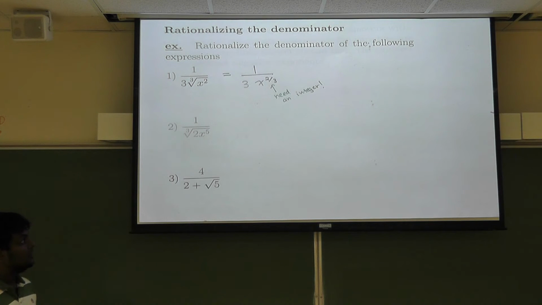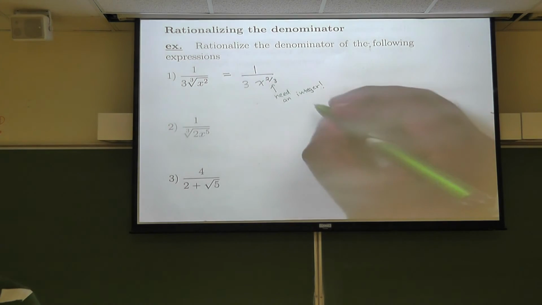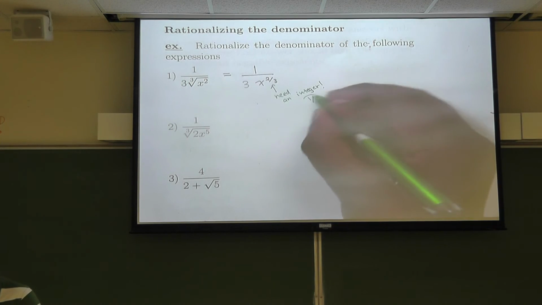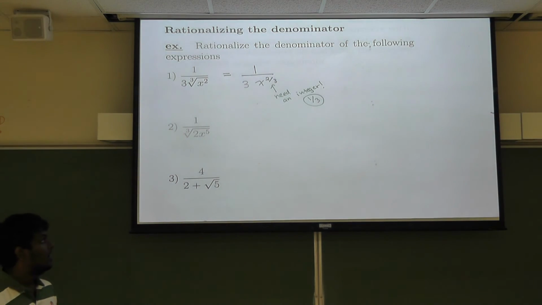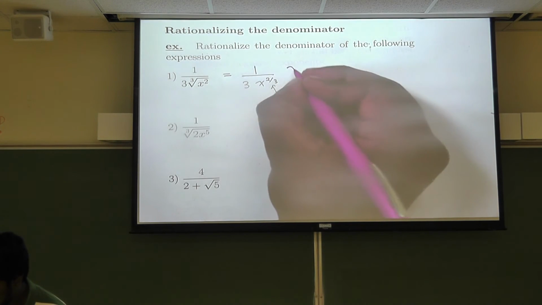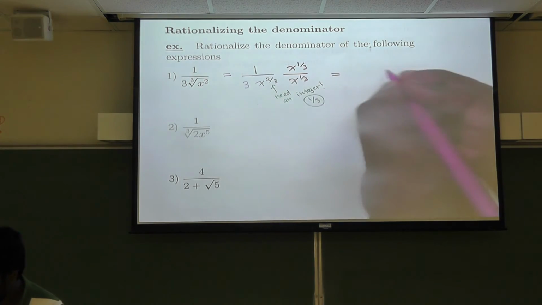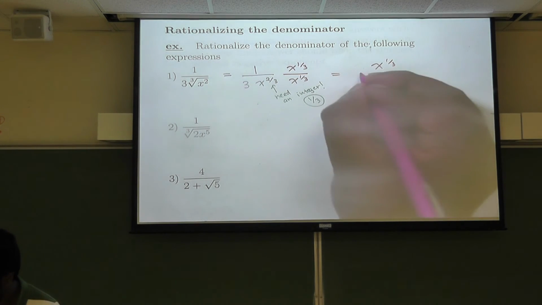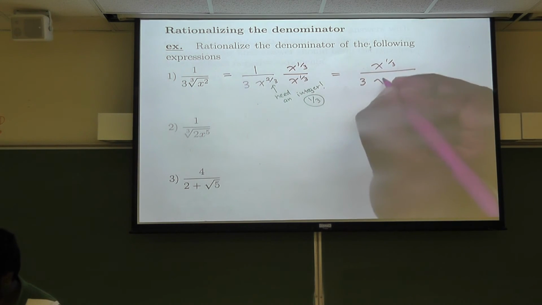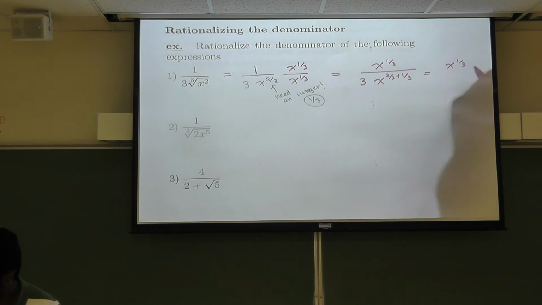I need to make it an integer, and all I need is to add 1/3, which means I would multiply the top and the bottom by x to the power 1/3. Remember, you have to multiply the top and the bottom. So x to the power 1/3 goes in the top and the bottom. And what you have here is x to the power 1/3 on the top and 3 x to the power 2/3 plus 1/3, and here you have 3x.